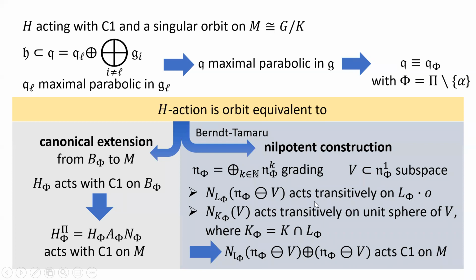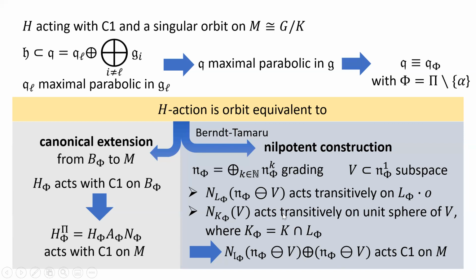Yes. So these are transitivity properties. The first one: this L phi, of course, acts transitively on the orbit through O. But what we need here is that some normalizer in L phi also acts transitively. This means, in other words, that this L phi O, this orbit, which is totally geodesic, is contained in the singular orbit of the future action, somehow.